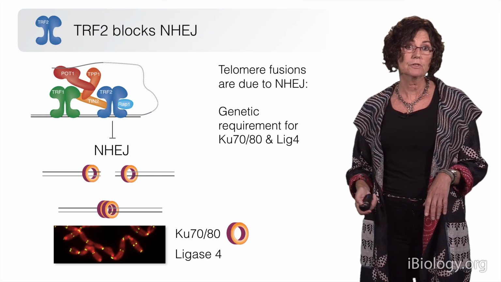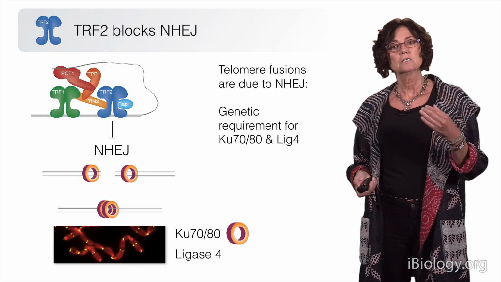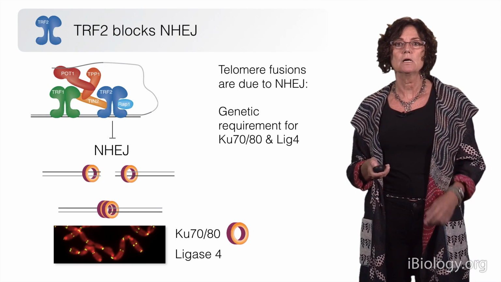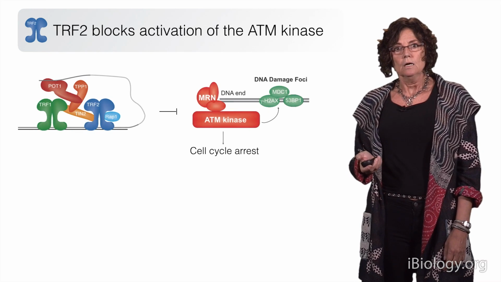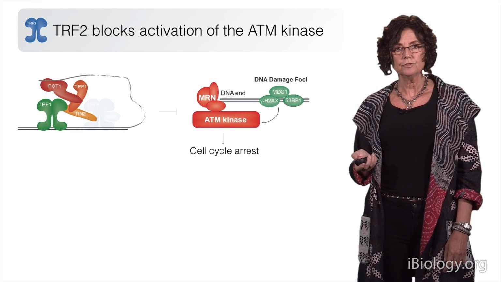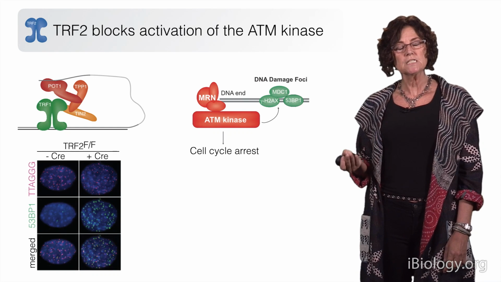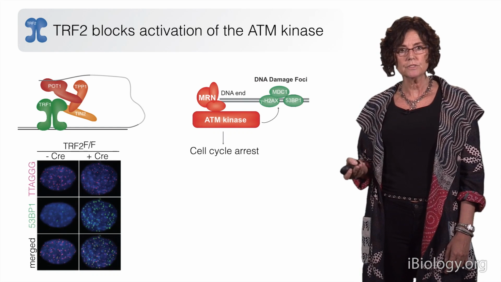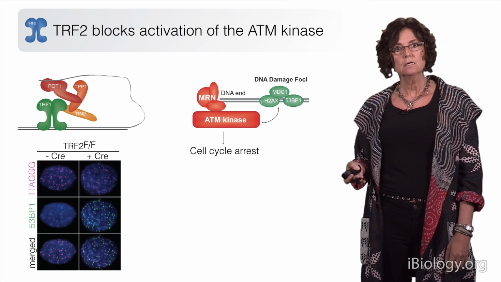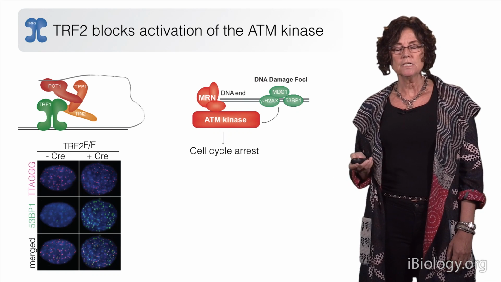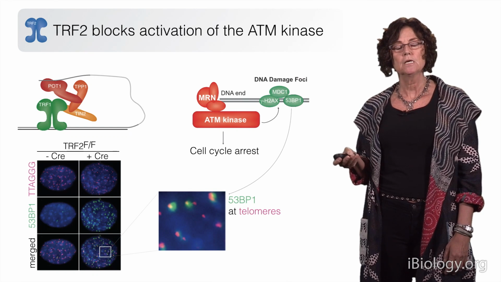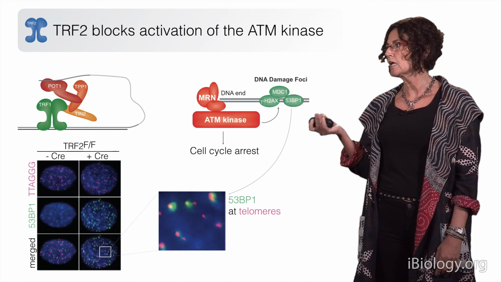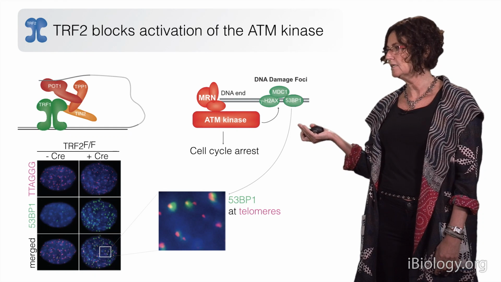But it does a second thing. It blocks the activation of the ATM kinase. How do we know this? Well, when we delete TRF2 from cells, we see that now, all of a sudden, rapidly, the telomeres contain the 53BP1 protein. This is the protein that I pointed out we can use as a marker for ATM signaling.